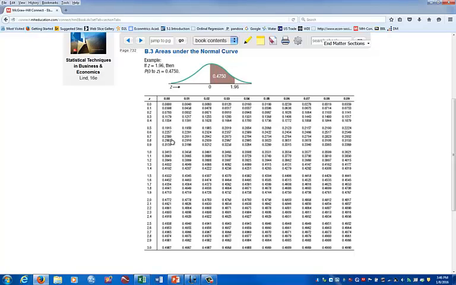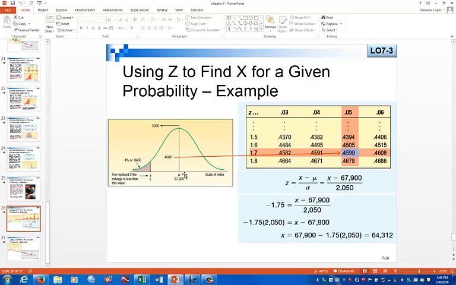And we're looking for an area, remember, that is 0.46 between 0 and the corresponding value of Z of X. In this case, by the way, it'll be a value of Z that should be negative because it'll be to the left of 67,900.